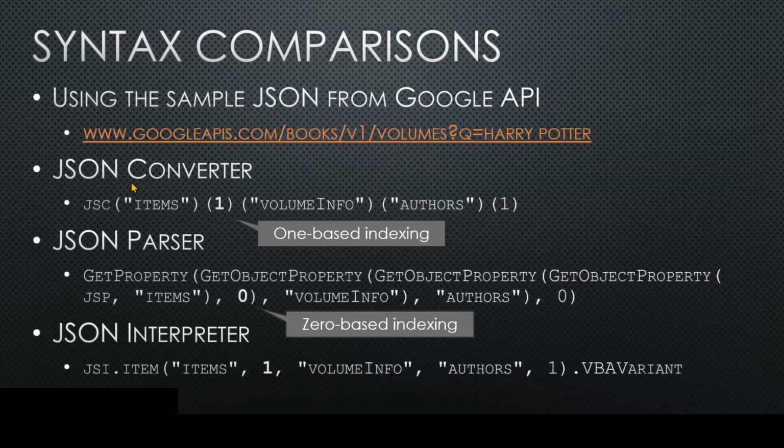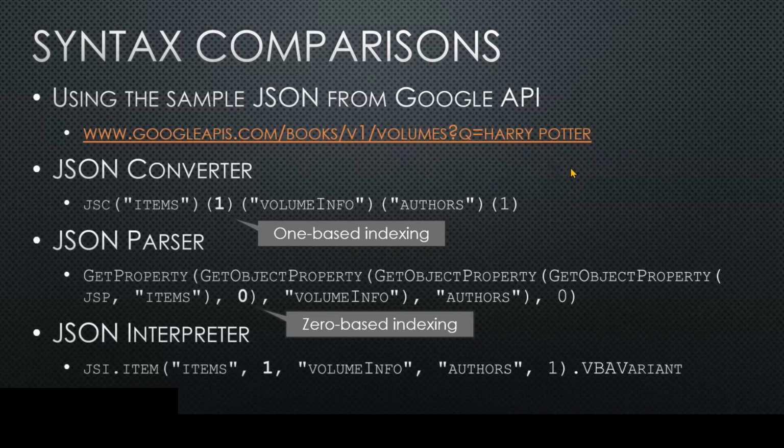This is a basic comparison of the syntax because this is what most people have issues with, just like in the XML days when you had to worry about XPath and how do I access certain levels of deep objects. So using the same JSON result that we get from the Google Books API that we used last month, and using the same example that Neil gave before where we're trying to find the author of the book.